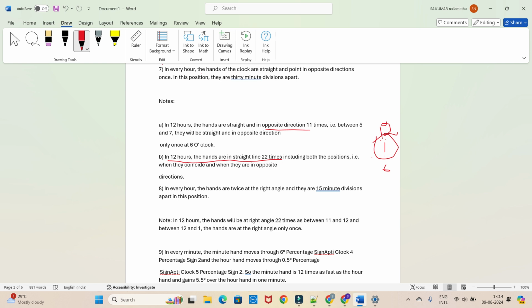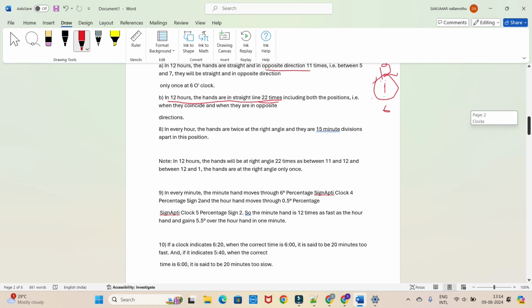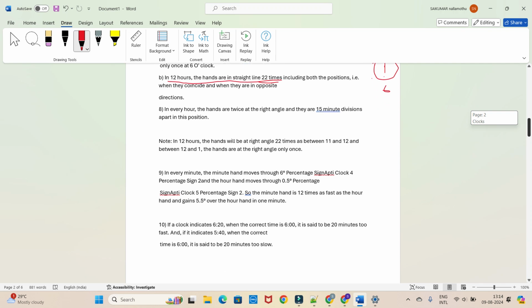In 12 hours it is 22 times only that it's going to be a straight line, because at 12 o'clock it's going to combine once compared to others. So that would reduce the two times, morning and afternoon. That's the reason it will be 22 times a straight line.